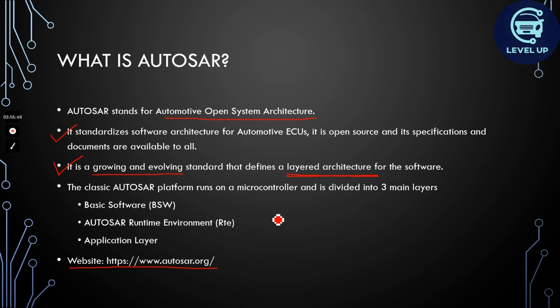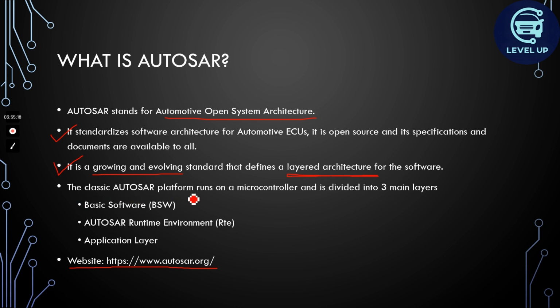When we use AUTOSAR, many modules come into the picture, and module by module you can divide the work among different teams or companies. The code generated at the end will have more improvement, more flexibility, and more accuracy. That is the advantage of AUTOSAR.